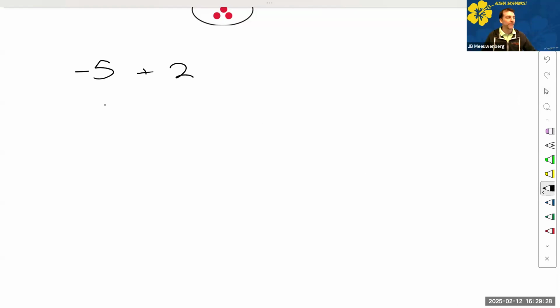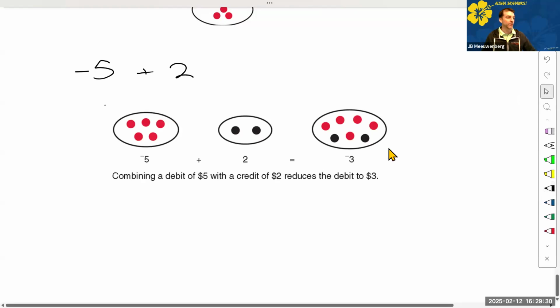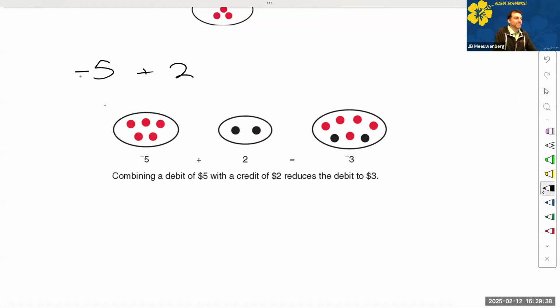And so let's see what the model using chips might look like. When you are adding, you're thinking about it in terms of sets. We have a set over here on the left and a set over here on the right, and we're going to add them. We're going to combine them together. And so you can see the 5 negative chips, the 2 positive chips. And when we add them, we're combining them all into this one big set.